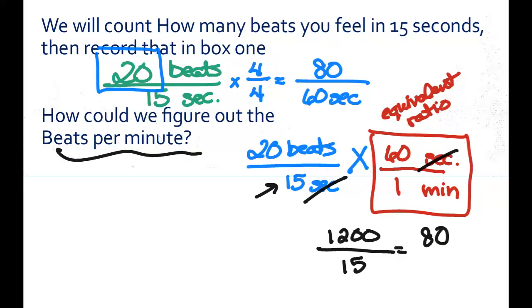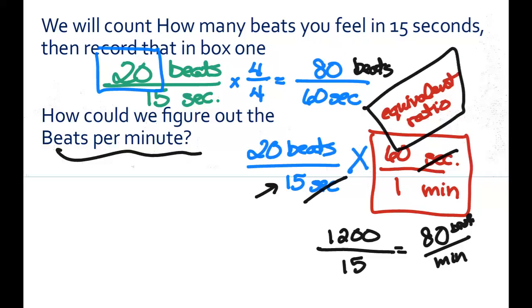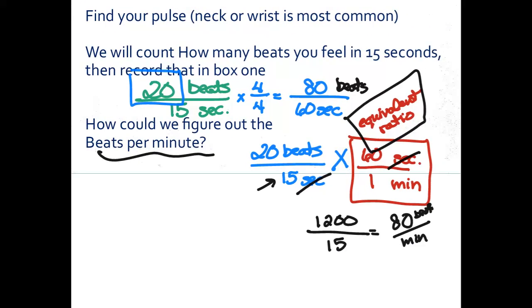So 80 beats in 60 seconds or 80 beats per minute. Okay? But using this equivalent ratio is often an easy way to do it because you want to have two things that are equivalent and you want to cancel out the words.